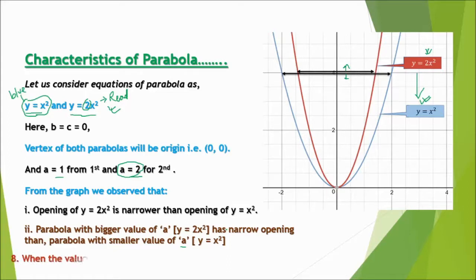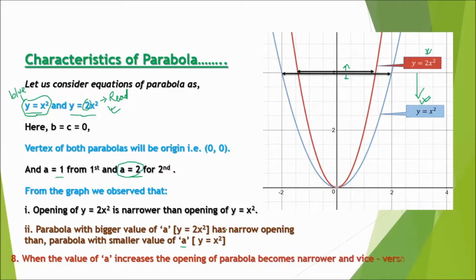Eighth characteristic, the last characteristic: if the value of a increases, then the opening of the parabola decreases. It will be narrower and narrower. It becomes narrower, skinnier also. We can use that word skinnier and skinnier, and vice versa. If the value of a decreases, the opening of the parabola becomes wider and wider.